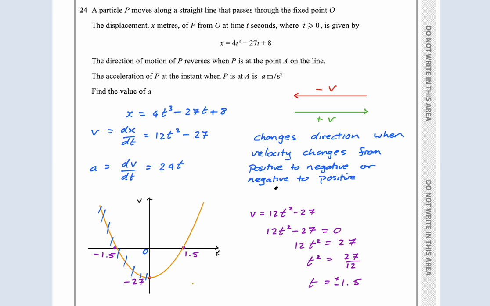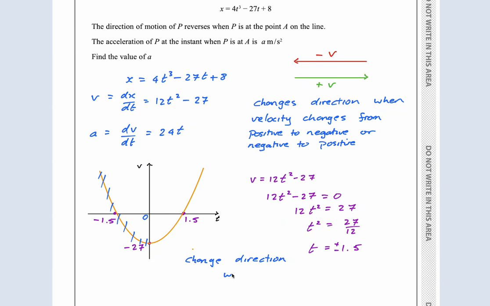Okay, so when does it change direction? When t is 1.5. So therefore, I'll just write here, changes direction when t equals 1.5, not negative 1.5, 1.5.